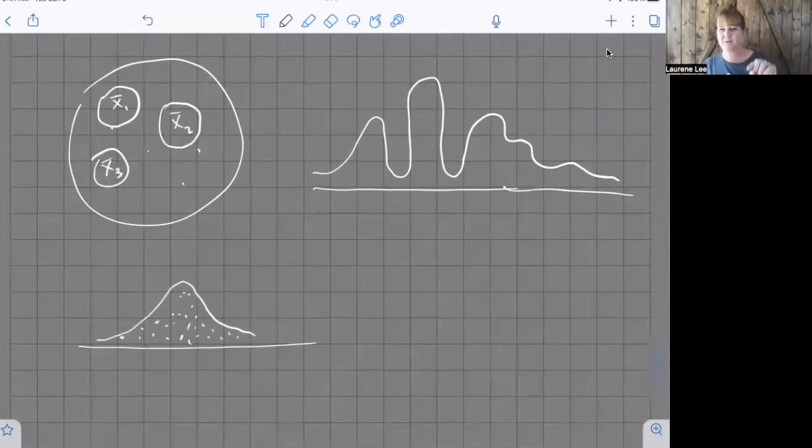Now that's pretty amazing, especially since the population distribution looks like this. This is the distribution of sample means. What I want you to understand here is each of these dots represents a mean of a sample, not one individual data point.